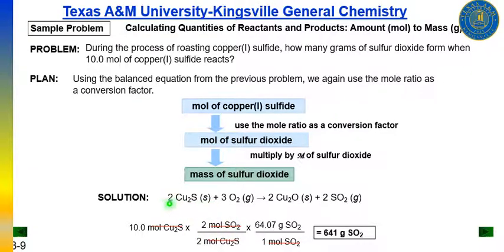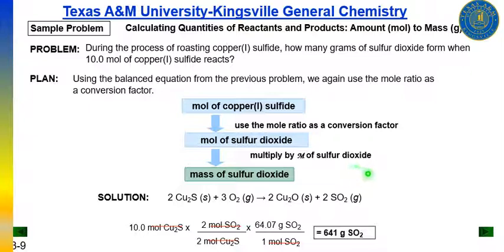From your balanced reaction it is 2 to 2. So therefore, 2 moles of sulfur dioxide requires 2 moles of copper 1 sulfide. You determine the moles of sulfur dioxide and then calculate the molar mass of sulfur dioxide. Sulfur is 32.07, oxygen 16.00, two of them.